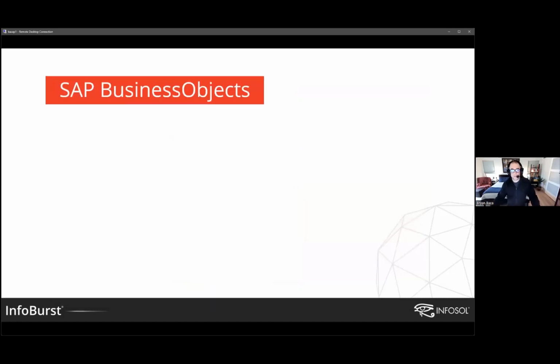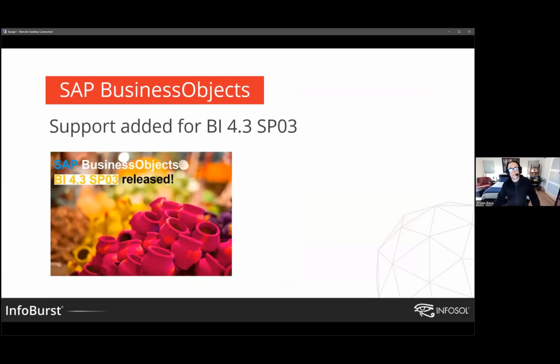In terms of enhancements and features, let's talk first about BusinessObjects. Second week of December, I believe, SAP released BI 4.3 SP03, and InfoBurst 2023.1 provides official support for this version. As always, we encourage you to stay current with your versions. We know that's not always practical. We know organizations will sometimes have to go through an involved QA process.